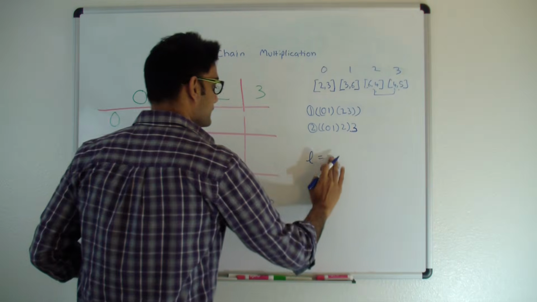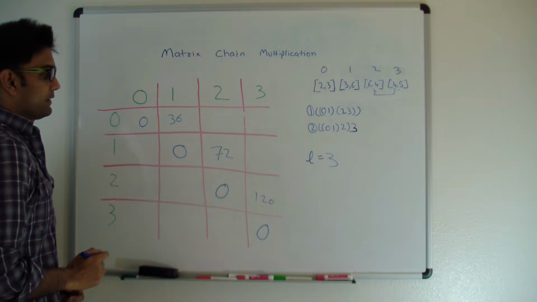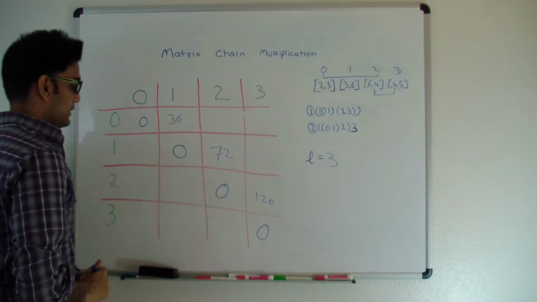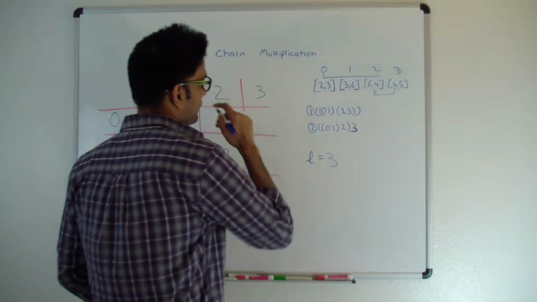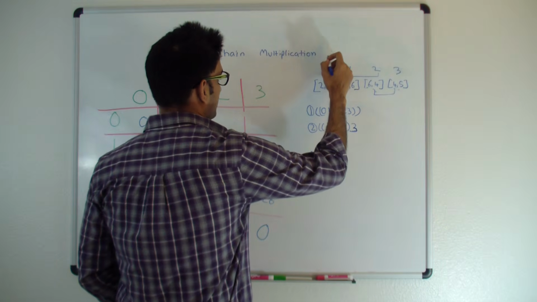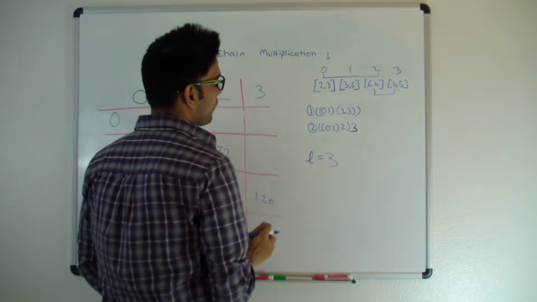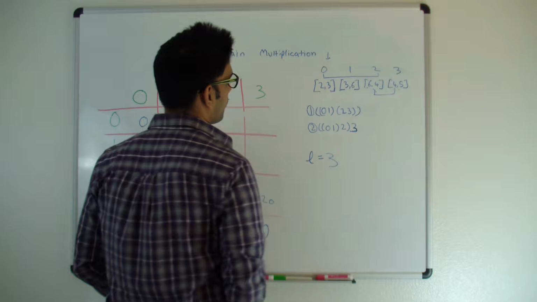So now let's start with length 3. If my length is 3, I'm trying to multiply 0 to 2 first. So now we have a couple of options here. Either I multiply 0 with the result of 1, 2, or I multiply 0, 1 with the result, or I multiply 2 with the result of 0, 1.